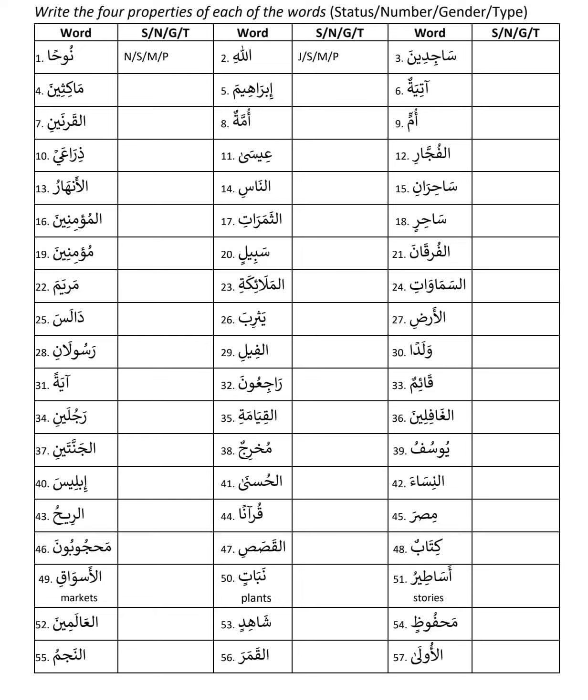But I will now do a few random isms to explain how to find out the four properties. For example, take the word marquisina. If you look at this pattern, it is equal to muslimina.